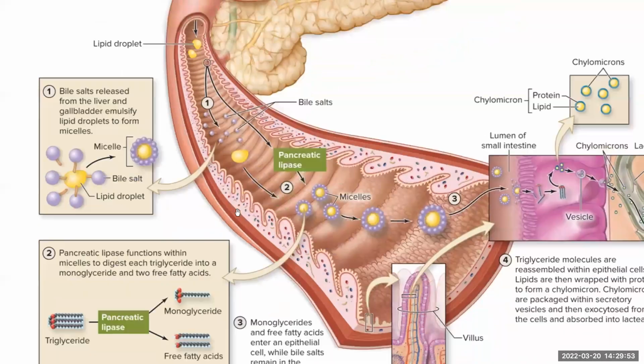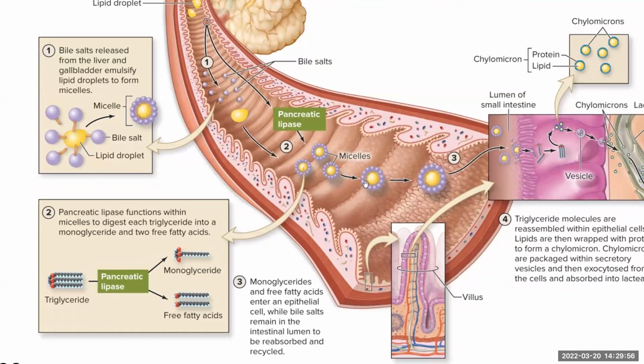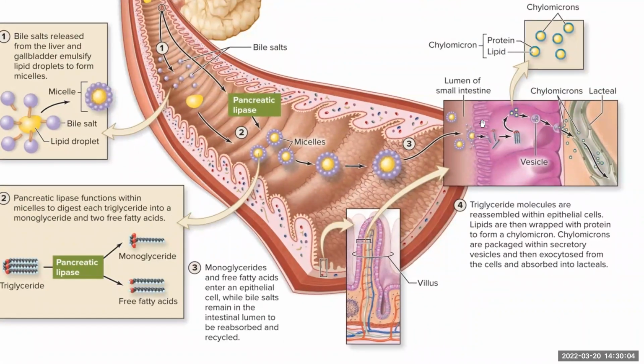These micelles then are going to travel through the duodenum in the small intestine, and they are going to wind up coming up to an epithelial cell, and then the bile salts will peel off, and that lipid droplet will be absorbed into the epithelial cell itself, where we are going to rebuild from those pieces, those monoglycerides and those fatty acids that we broke down earlier. So remember, a monoglyceride has the glycerol backbone, but one fatty acid.